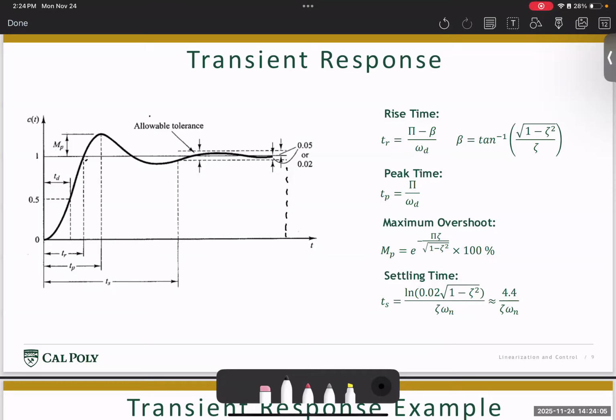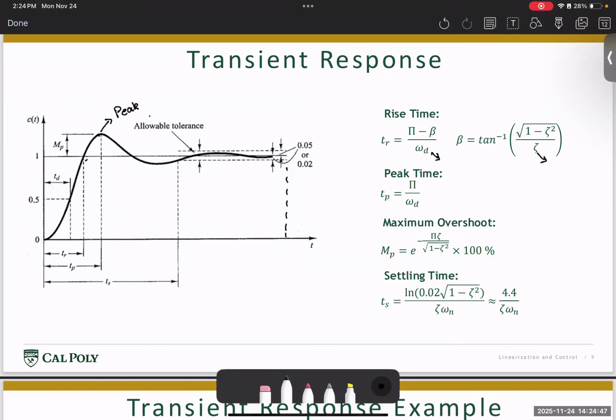The peak time is defined as the amount of time the system takes to reach the peak value. Peak value is basically the point where the output of the signal is the highest value. So let's say I design a control system for an aircraft pitch control and I provide a reference signal of 5 degrees because I want to achieve 5 degrees pitch, and I have a control system designed in a way such that it slightly overshoots.